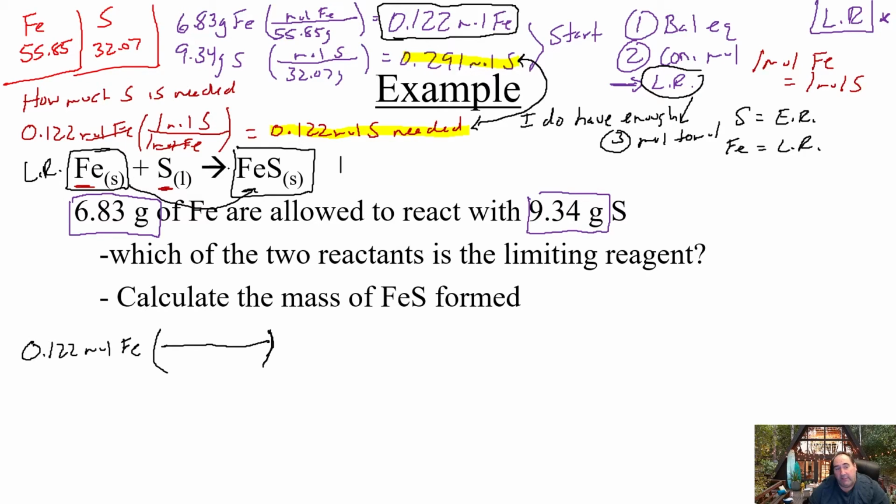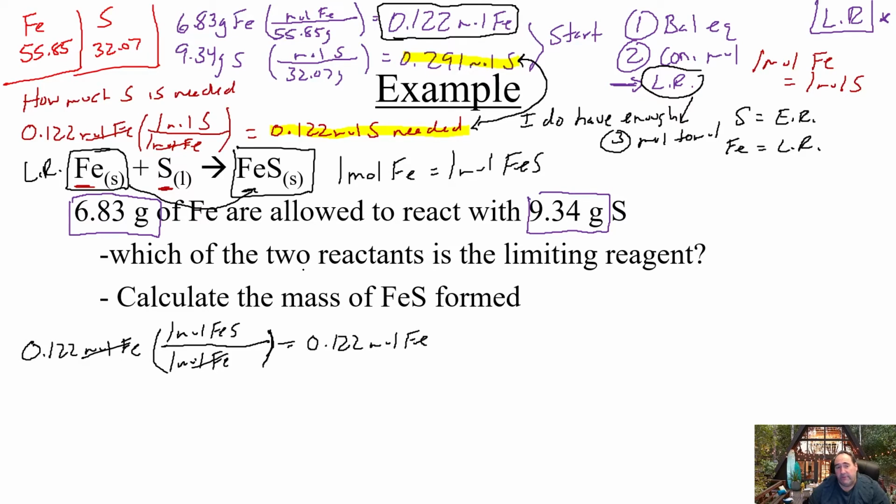And we can see in this equation, stoichiometry is pretty easy. 1 mole of iron will give us 1 mole of our iron(II) sulfide. So that's what we're going to use here. Moles of iron cancel.